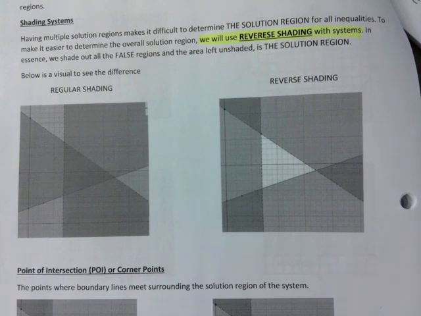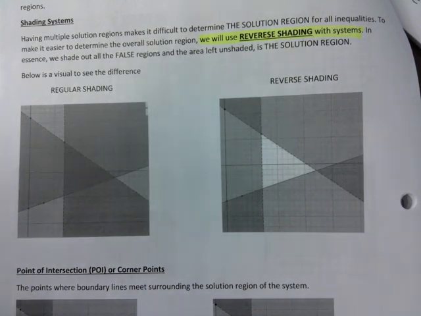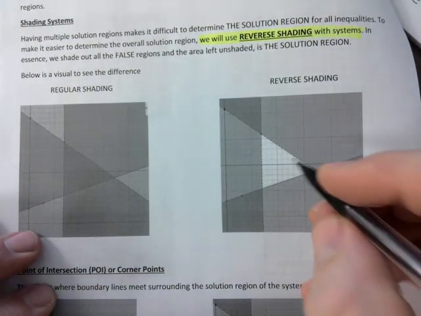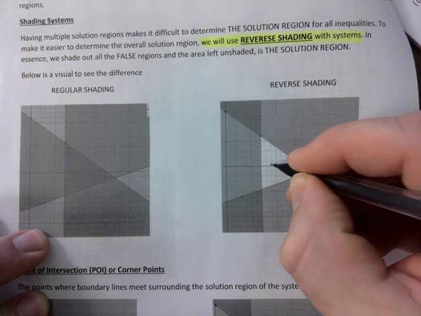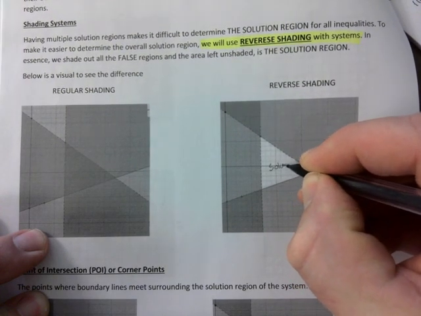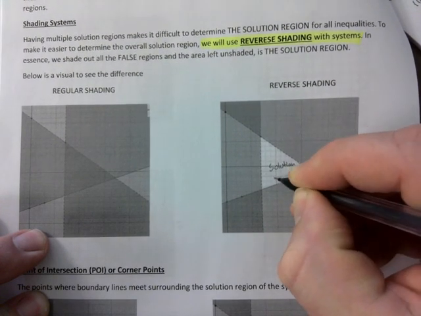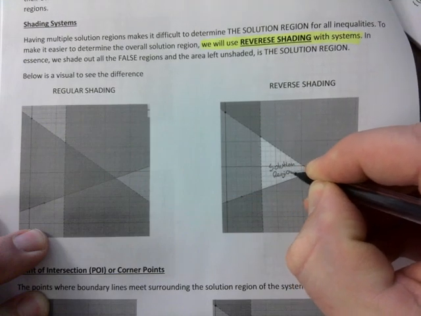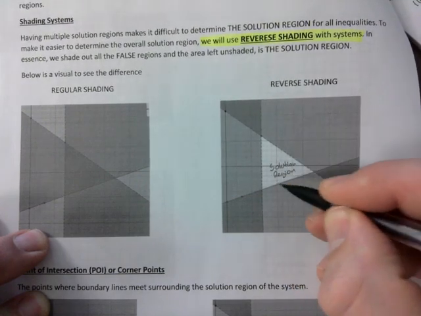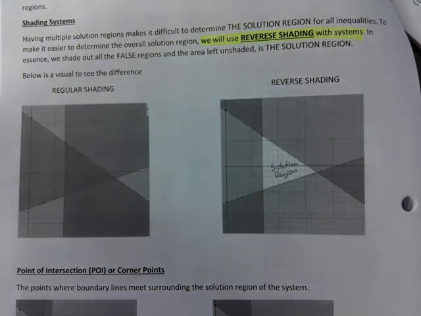It used to be a nightmare, to be honest. Like, which one is the darkest? Because you're not so consistent with your shading, and so you're like, what? So this is right in here, solution region. This is the true region for all of them. Okay.